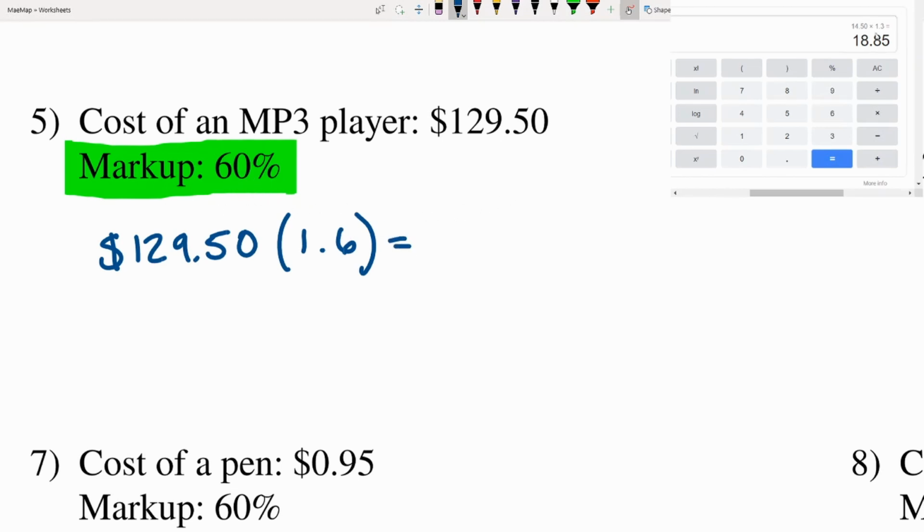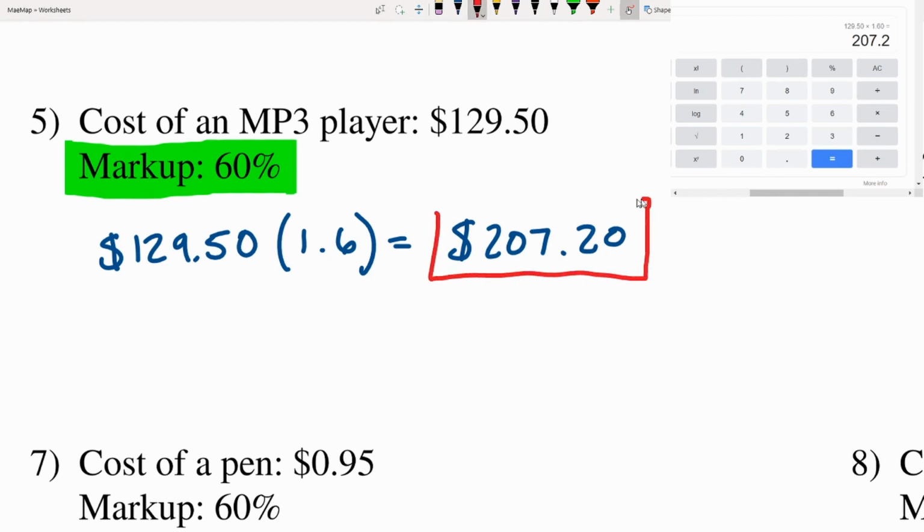Going back to our calculator, that's going to be $129.50 multiplied by 1.6, and that will give us 207.2, which equates to $207.20. Now, obviously, $207.20 is definitely greater than our original purchase price, so we know we marked it up.